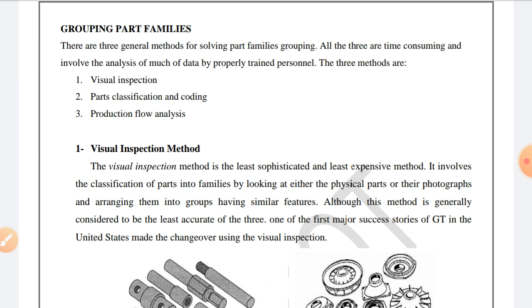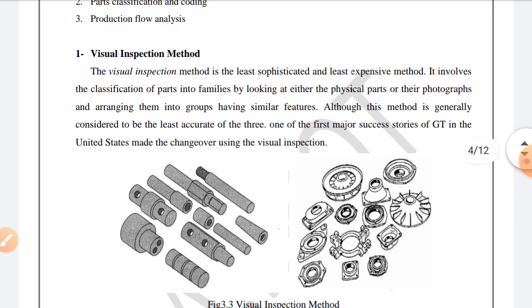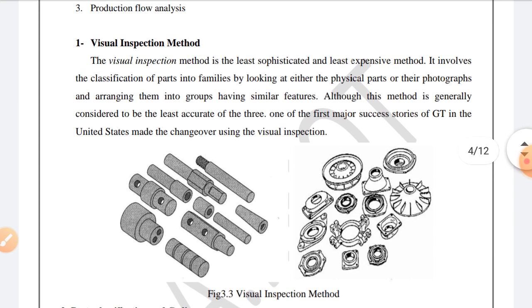On the basis of these, we are grouping the parts. Today we'll discuss the first one, the visual inspection method. Visual means by seeing the object. By visualizing the object you make the group. By seeing the object you identify the components by shape and physical appearance.